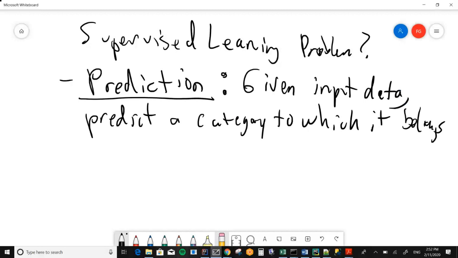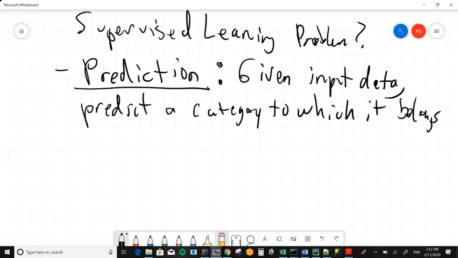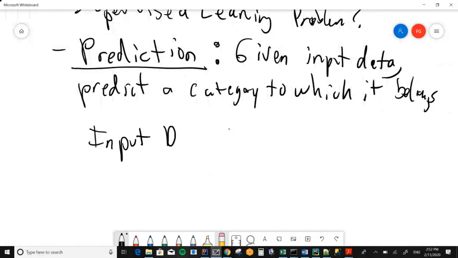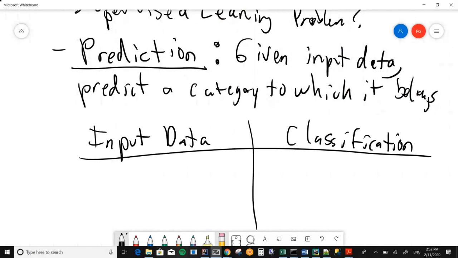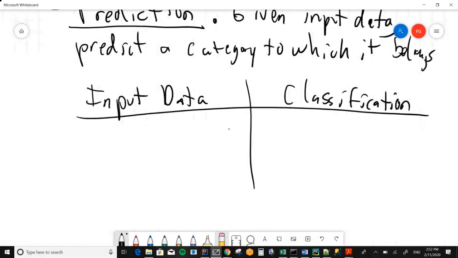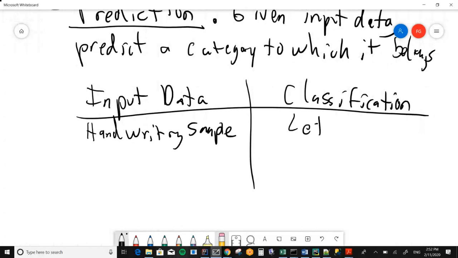For example, let's say you've got input data. Let's actually make a little table here. What kind of classification might interest us? Let's say the input data is a handwriting sample. The classification we might want to predict is, what letter is it?